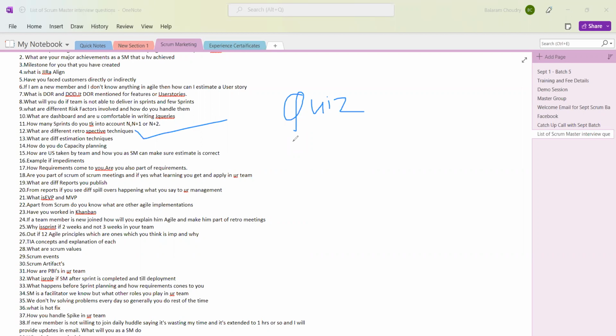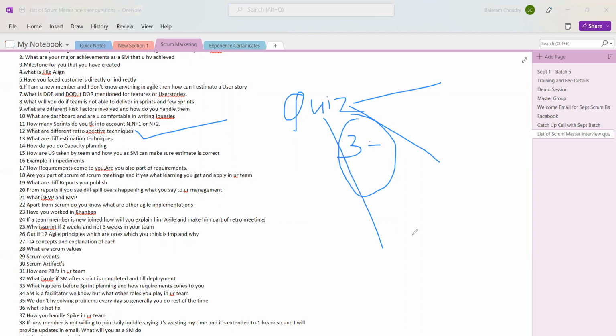The technique is always in 3 formats: what we did well, what we did not do well, and how we can improve. Now in this framework you can bring in additional things. For example, you can include appreciation, you can include a quiz, and I have even seen people including quizzes outside the Scrum framework.